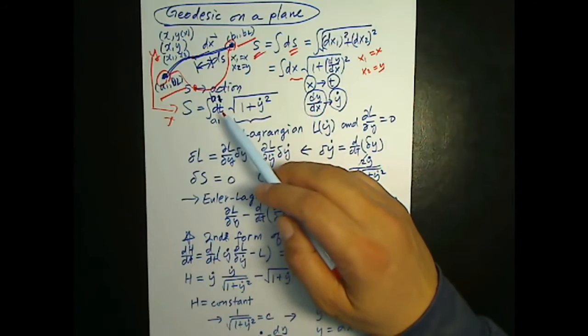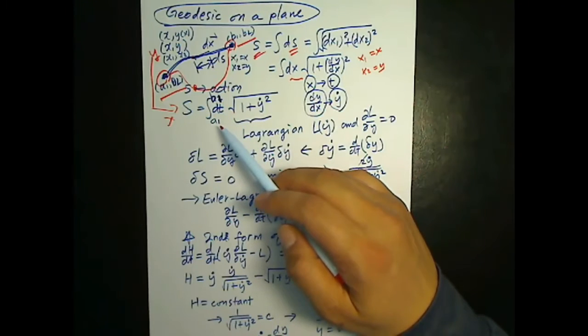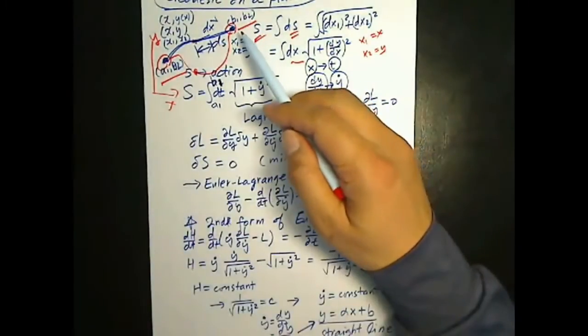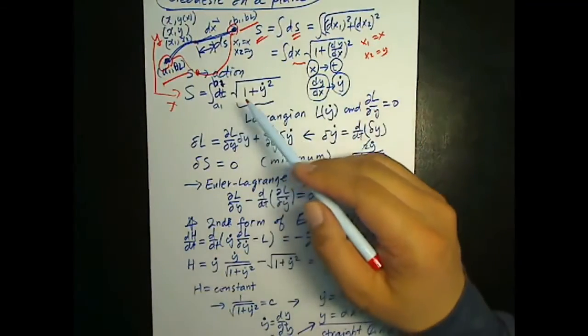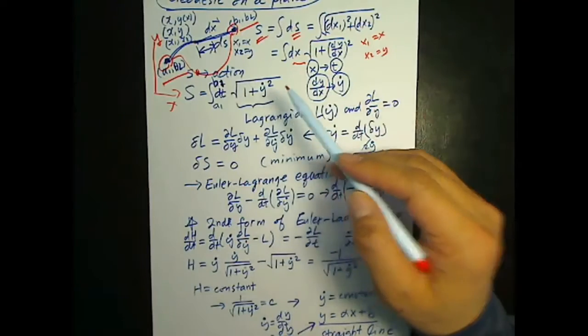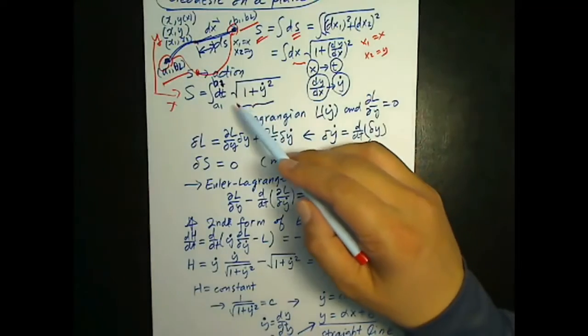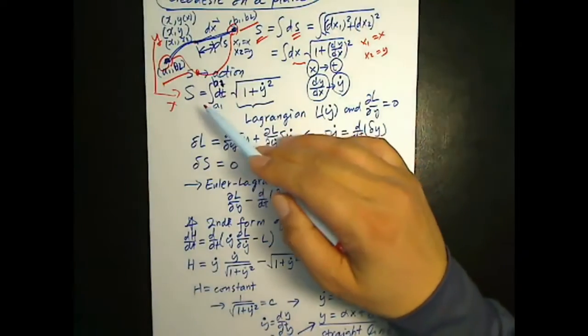Therefore, although it is not an action, let us make use of the similar notation. The action should be the time integral from the initial point a1 to the final point b1 of the square root of 1 plus y dot squared. So it is just like a Lagrangian. We minimize the time integral of the Lagrangian.